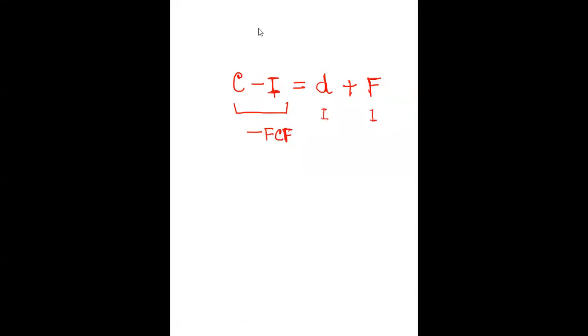Is it possible that you make more investment in operation than the cash available to you from the operation? Free cash flow negative. Okay.